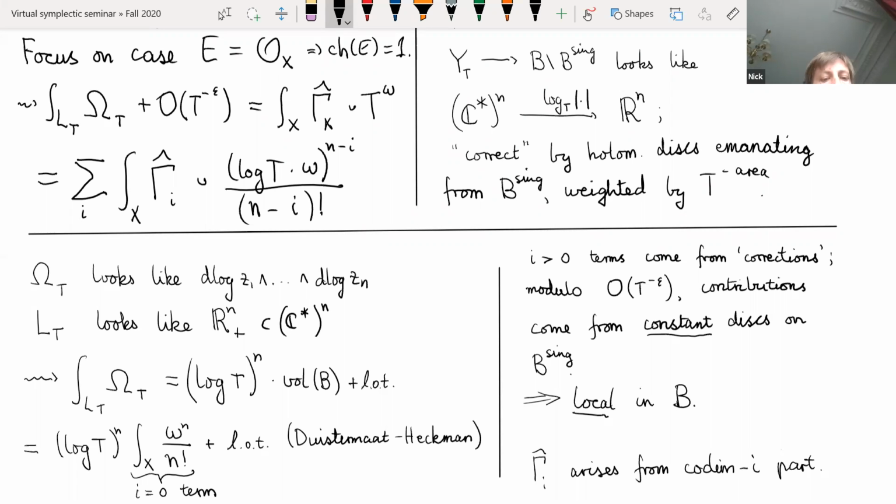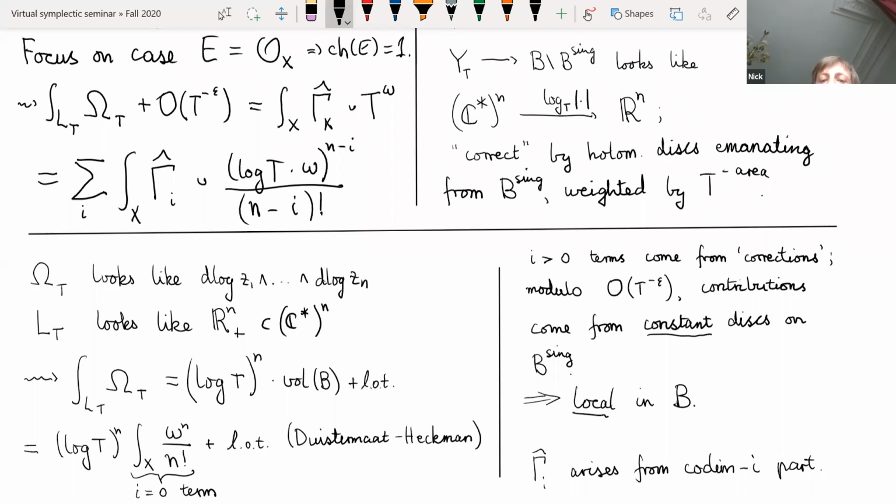answer. And by the Duistermaat-Heckman theorem, this affine volume of the base is equal to the symplectic volume of the total space. And this is exactly the i equals 0 term of our equation up here, the i equals 0 term of this sum.